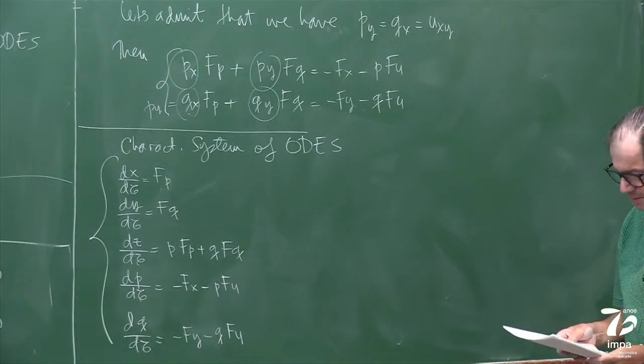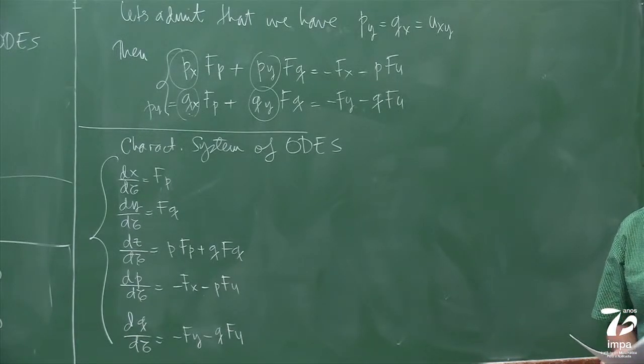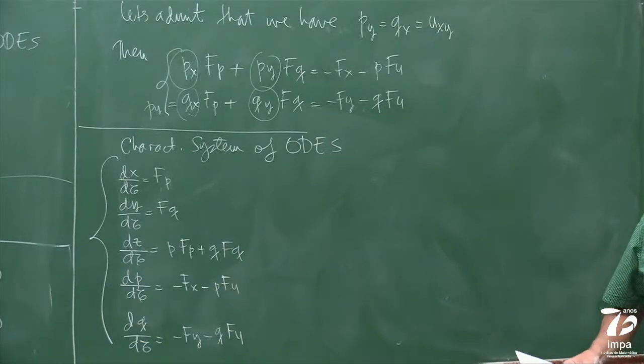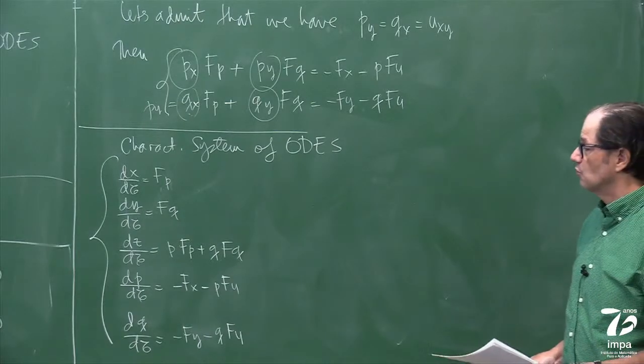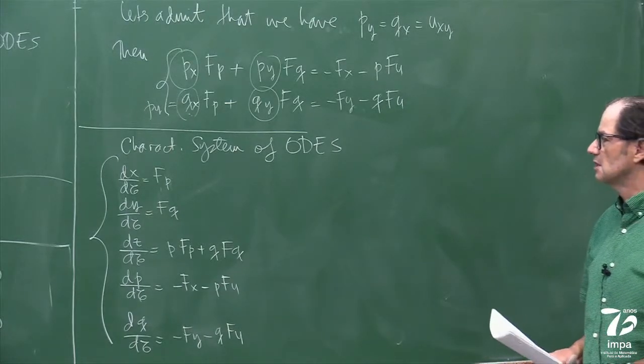You might be skipping one thing or the other, it doesn't matter. Basically, the road has been paved, right? It's just a few details. So now we have ODEs, a system of ODEs.